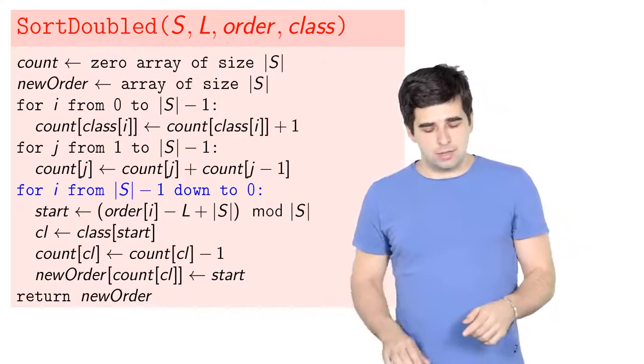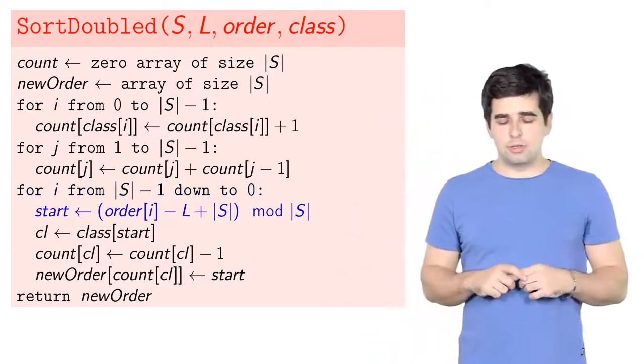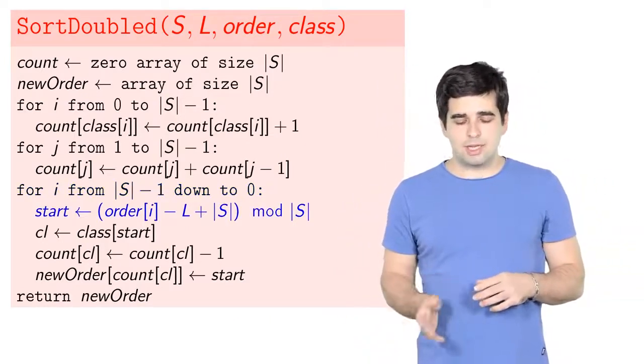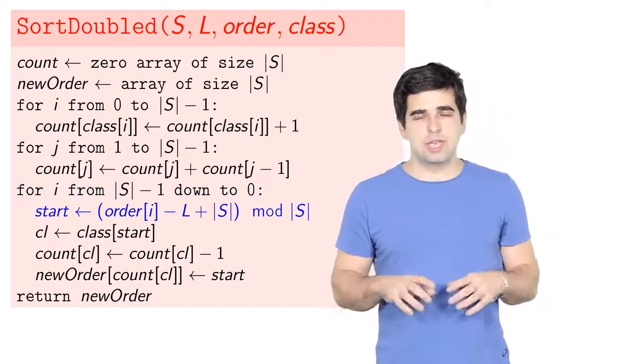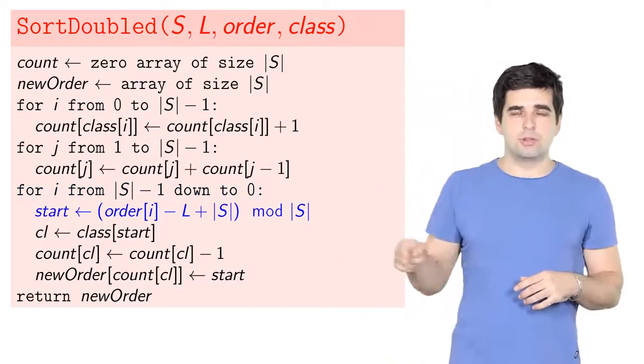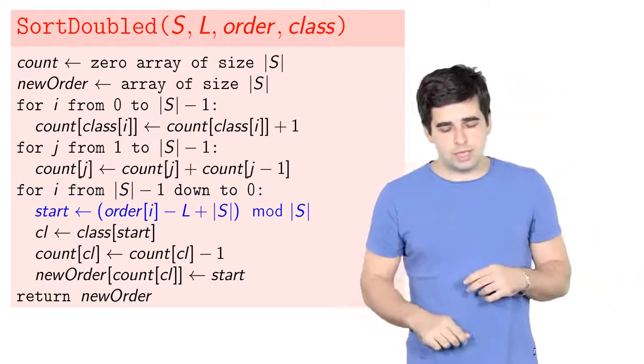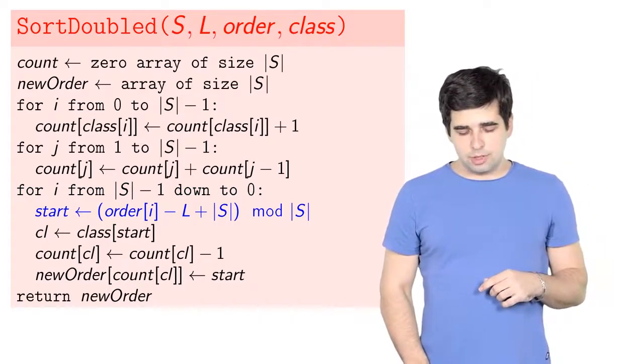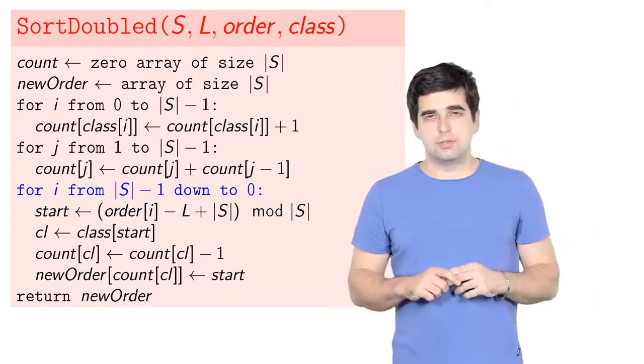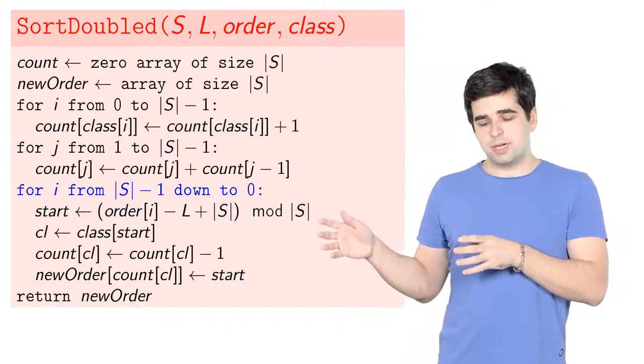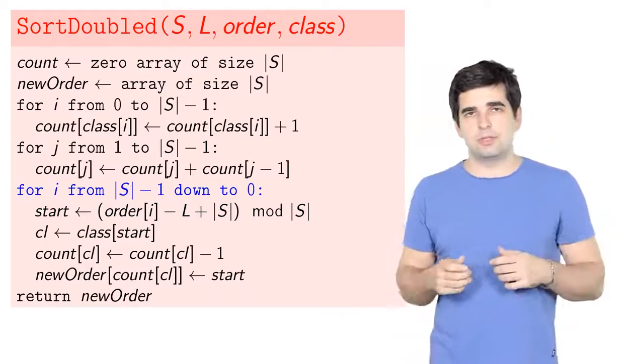And that is why we decrease order i by L and add length of the string and take modulo S, just because we are going through a circle.